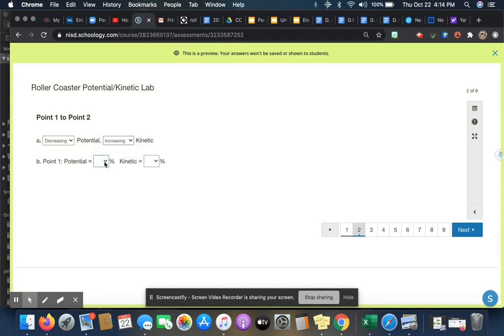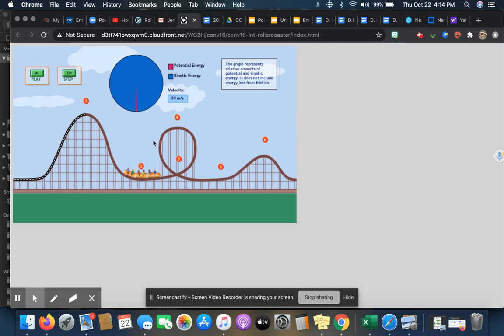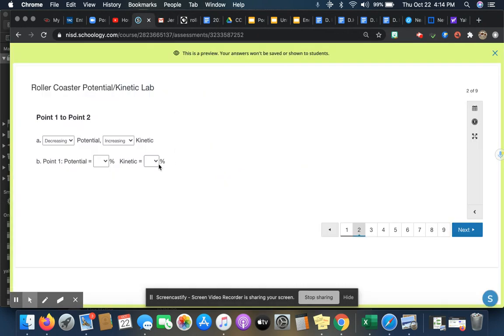Then you're going to look at the percentages and tell me what percentage is potential at that point and what percentage is kinetic. If I look at my pie chart, it's mostly blue, so the bigger number would be kinetic and the smaller number would be potential.